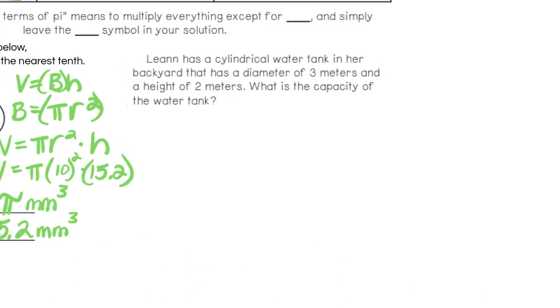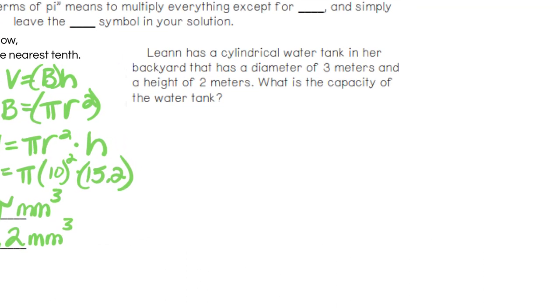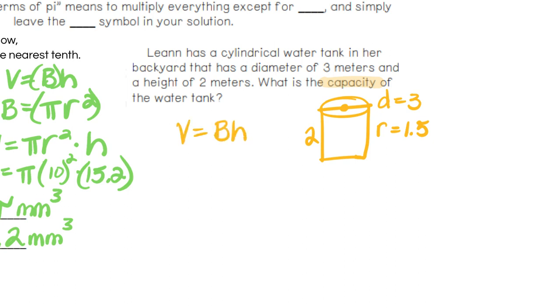All right, last but not least, Leanne has a cylindrical water tank. So the second I hear that, I'm going to draw myself a cylindrical water tank. This water tank has a diameter of 3 and a height of 2. Of course, I already know I don't need my diameter, so my radius is going to be 1.5. We're being asked to find capacity. Remember, capacity is volume. So volume equals area of the base times height. My base is a circle, so pi r squared.